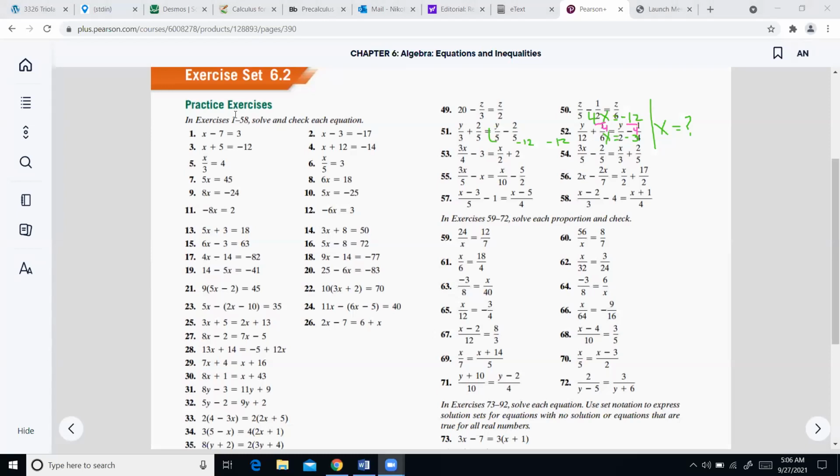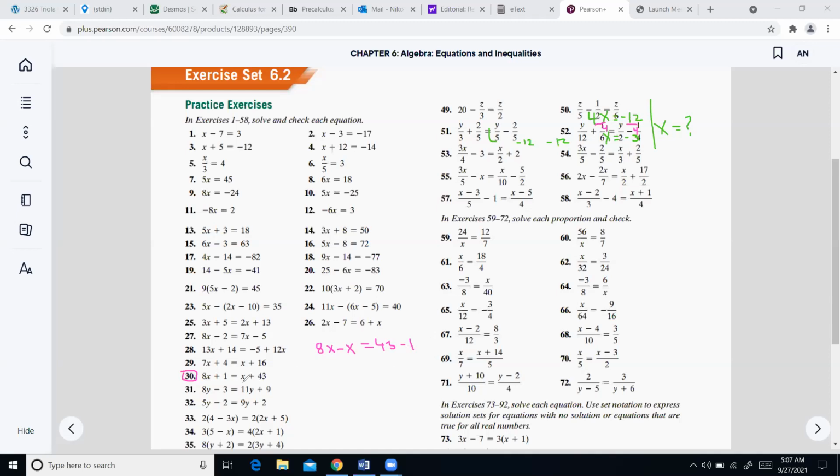Find unknown letter x. This exercise wants you to actually bring the x over to the left side, right? So let me do that. I'm going to have 8x, and then I subtract x from it on the left side. On the right side, I'll have 43, and there'll be a -1 coming over.